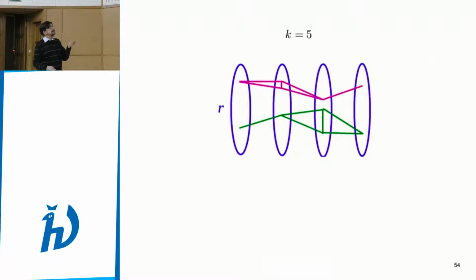Now, what happens if k is 5? Of course, we make now 4 classes, and again, when we have a 5-element set, then it is covered by one of the edges, because 2 must be in one class.